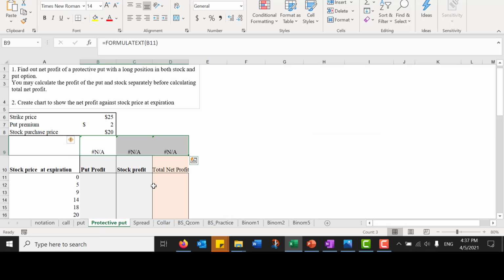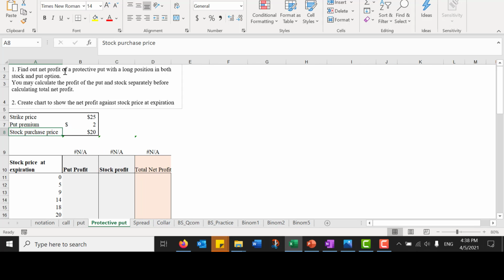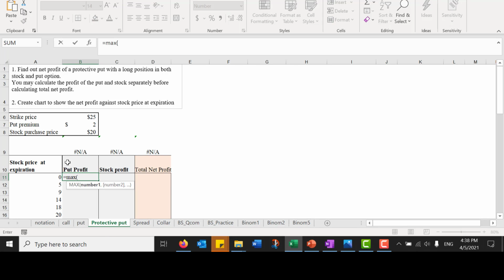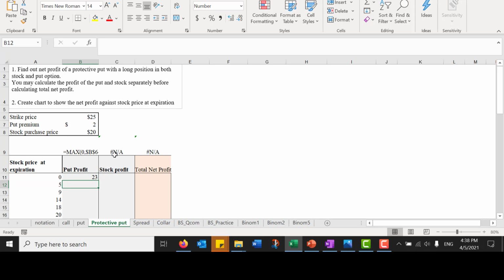Now move to the put option, we will do the same. So put holders, we are looking at the stock price movement down. We are betting the price goes down. So the profit function is we use the max function again, the minimum 0. So then compare the strike with the stock price.